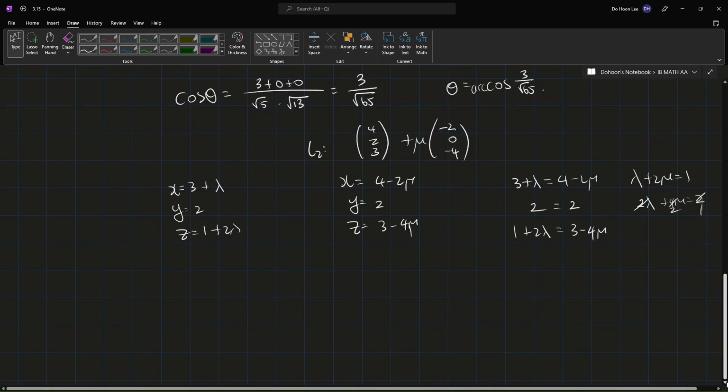Lastly, let's go with the final example. This time L2 will be (-2, 5, 2) plus mu (-2, 0, -4).